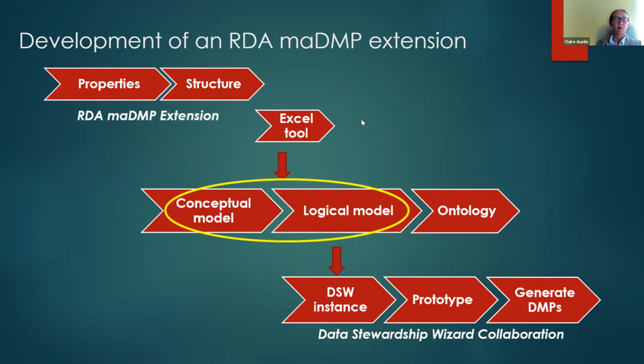For those groups within our government who are under pressure to develop DMPs right now and can't wait for the development of the tool, they can go ahead and use the Excel tool to generate DMPs. Because it would be compatible with the eventual DSW instance, there shouldn't be too much work lost.